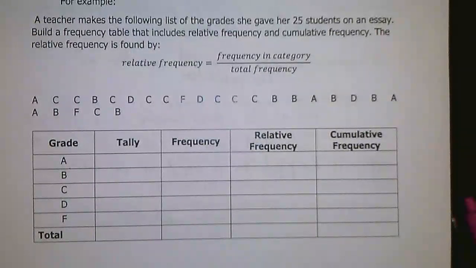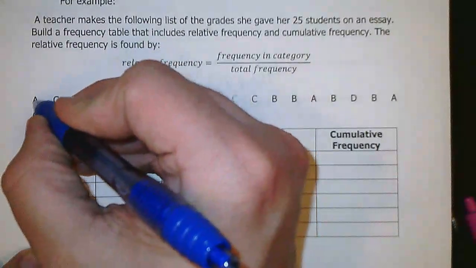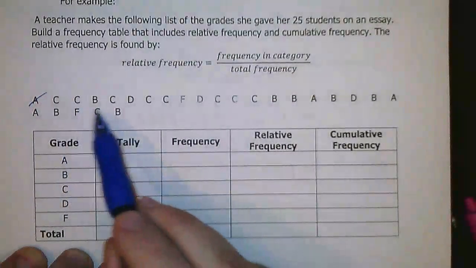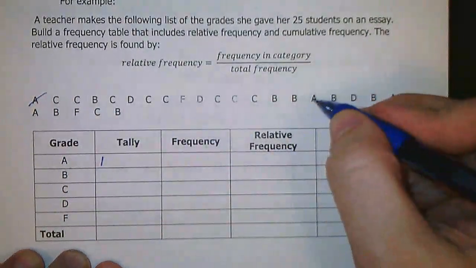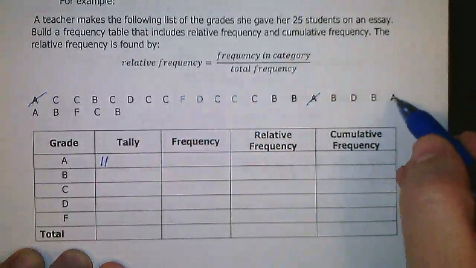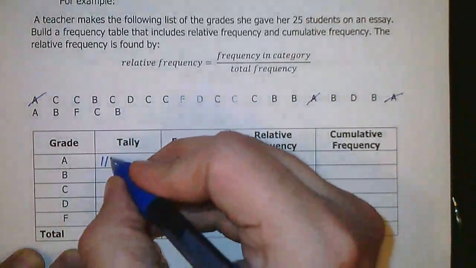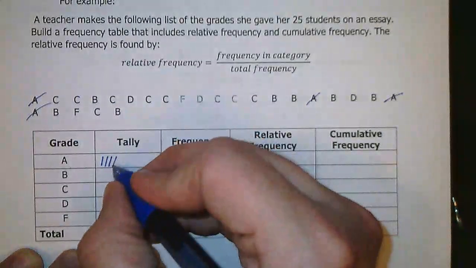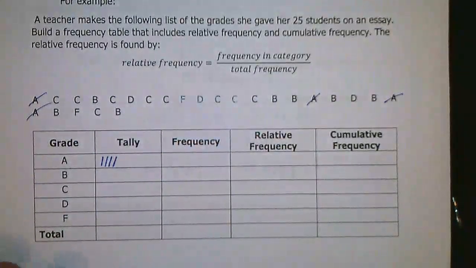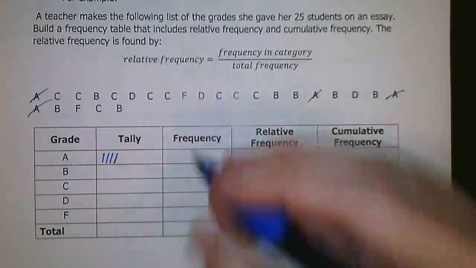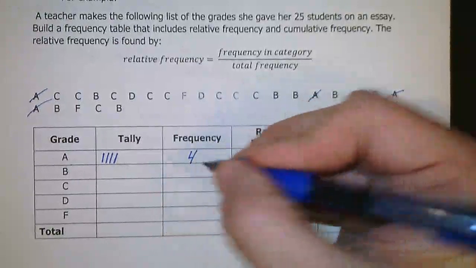So how many students had A's? I'm just going to cross them out as I go. Cross that one out, make a tally mark. Look for another A. There's an A, make a tally mark. There's an A, make a tally mark. There's an A, make a tally mark. So how many tally marks did we make? 4.